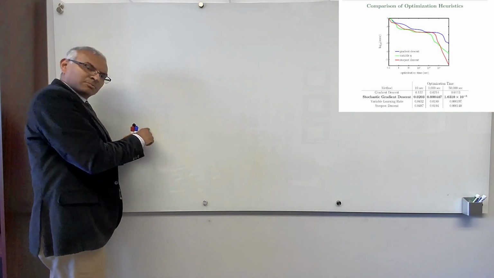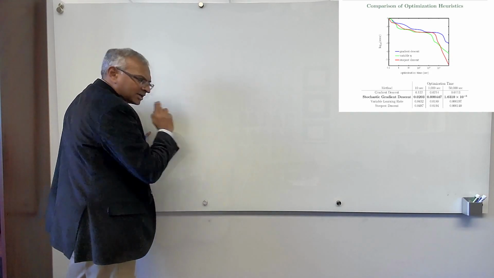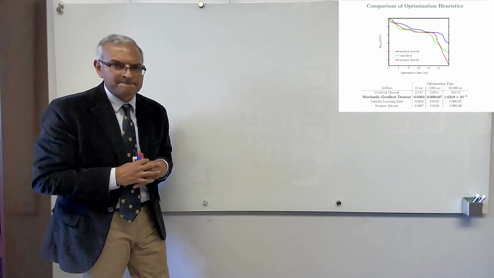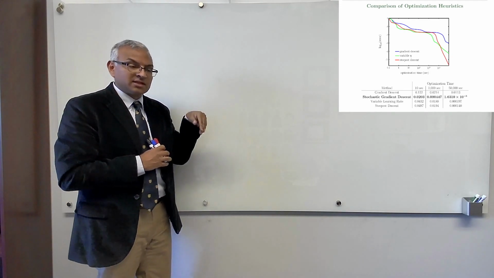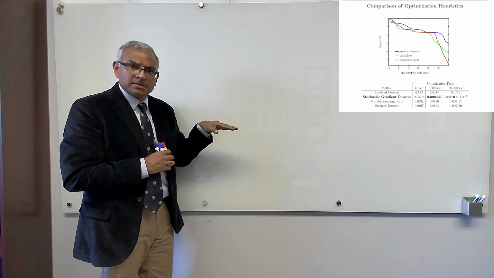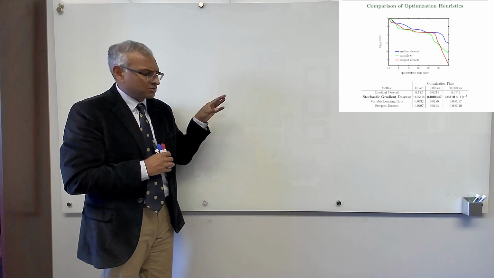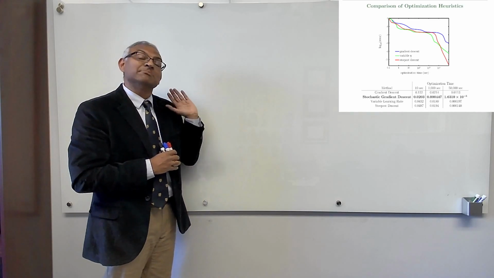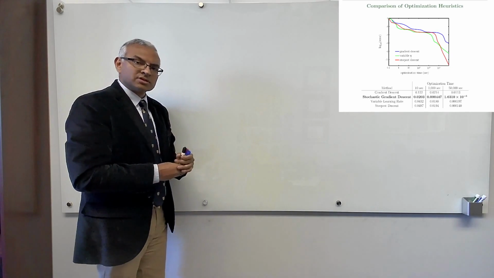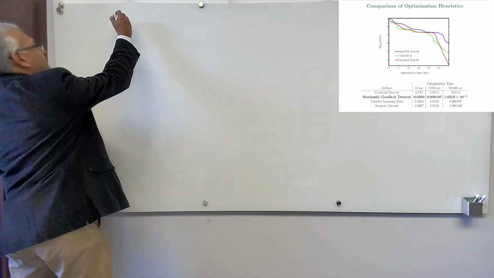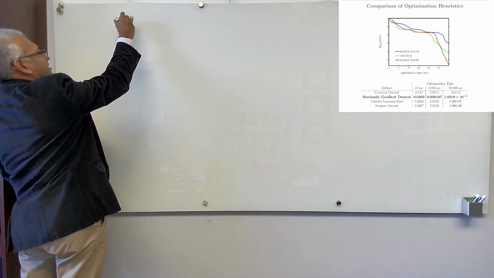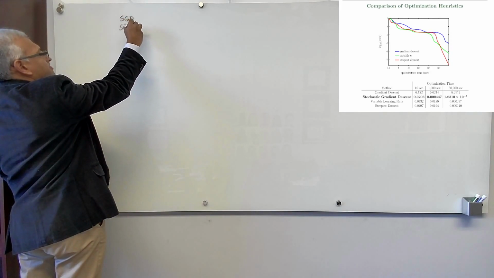Steepest descent computes a gradient, and then there's a line search to decide where to move. In the table, we can compare steepest descent with stochastic gradient descent, and you see that stochastic gradient descent is slightly better. So the current winners are, in some sense, stochastic gradient descent and steepest descent.